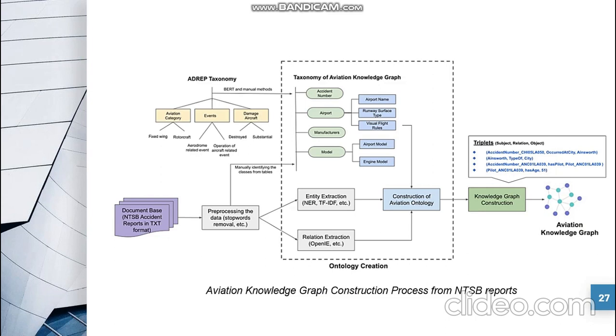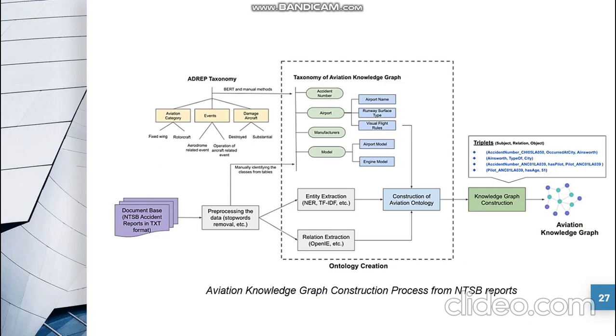How the knowledge graph is constructed. The pre-processed data of NTSB accident reports is input to the different entity extraction techniques and relation extraction techniques. On the other side, the adaptive taxonomy, which contains the knowledge of aviation category, events, and damaged aircraft, that contains the accident number, airport, manufacturer's model, etc., and holds all their descriptions, is input to the construction of the aviation ontology.